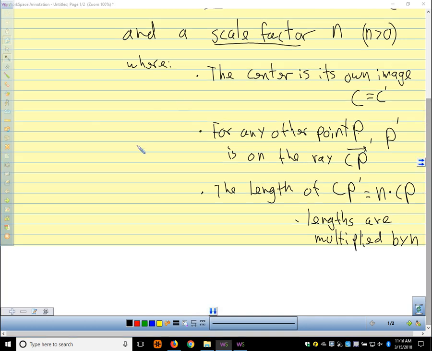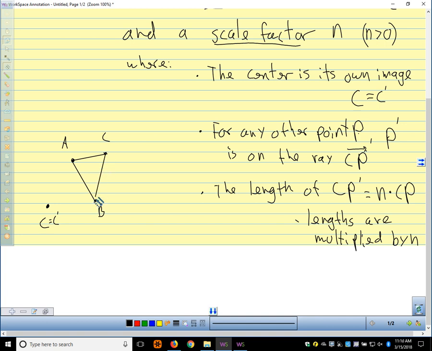All right, let's draw a picture of what this is telling us. So we have a center of dilation. Here is my center, C. And we know that doesn't change with the dilation. And we'll dilate a triangle. So we'll do triangle A, B, C. So there's my triangle.